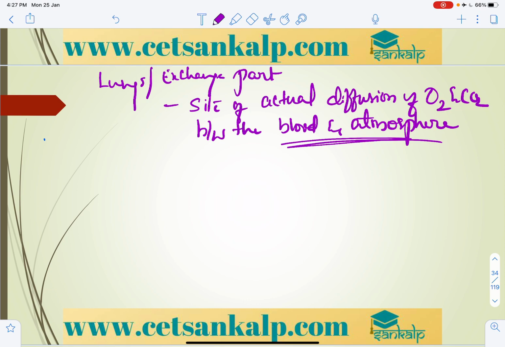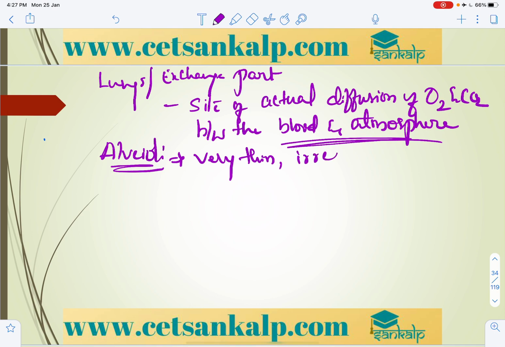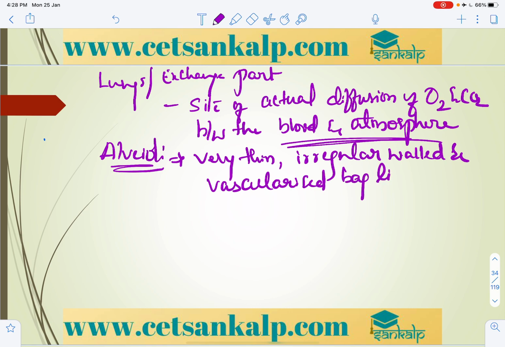Now what are those alveoli? These are the structural and functional units of the respiratory system. They are a large number of very thin, sac-like structures with irregular walls, vascularized bag-like structures.